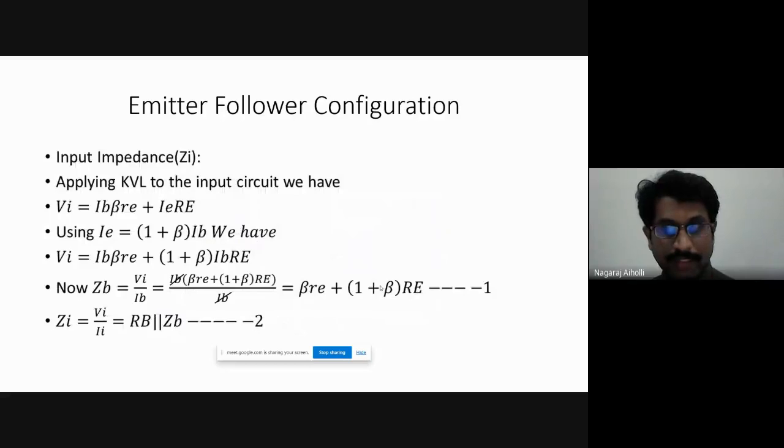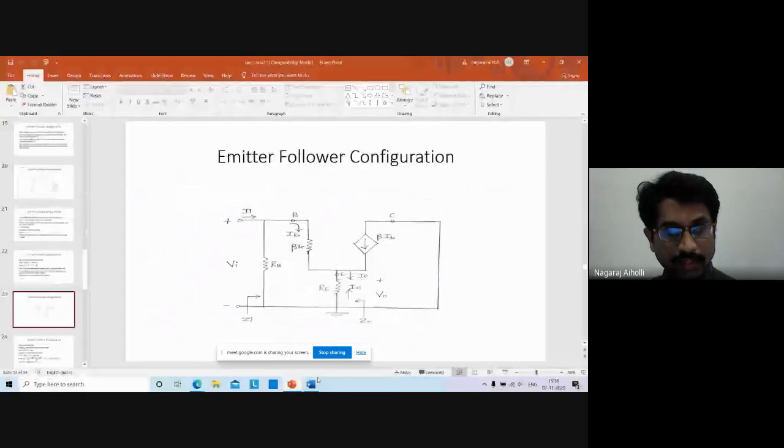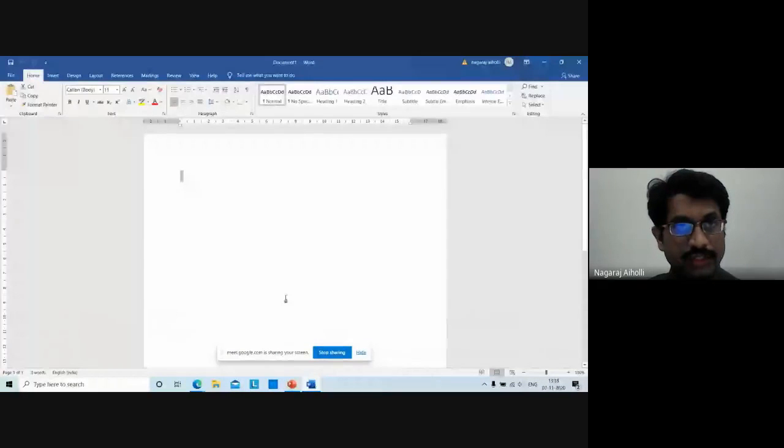But here we are getting beta RE. I have explained in one of the classes how we get this beta RE, because we know that RE is equal to 26 millivolt divided by IE.